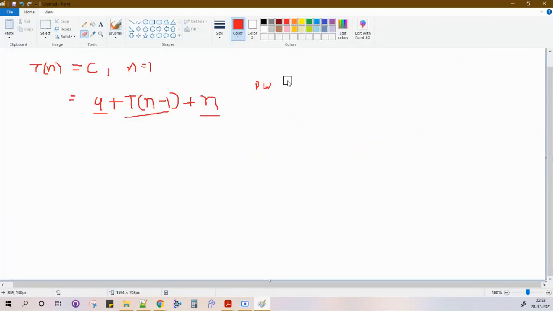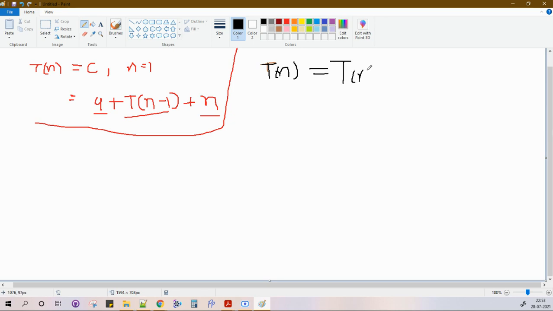Yes, right. So let's try to solve this. We will not waste much time now. How can we solve this? T of n, I am having, is nothing but t of n minus 1 plus n plus some constant d, right? I don't like a. Let's take this d, n plus d. Okay, so if I put the equation of t of n minus 1, what would it be?